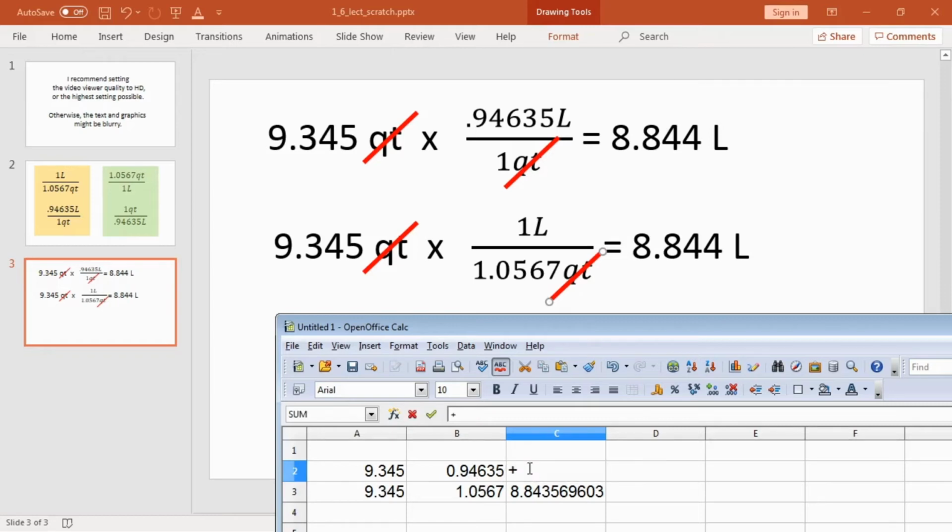I put a plus in cell C2, move the cursor over to 9.345, press a star, since I multiply, not a slash, and then highlight 0.94635, and then I get a number, which isn't exactly the number that you see here.